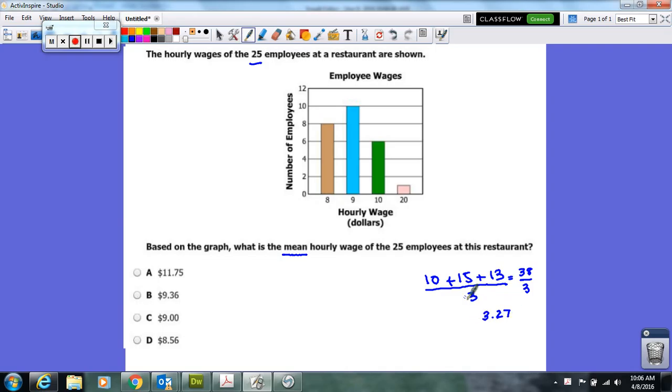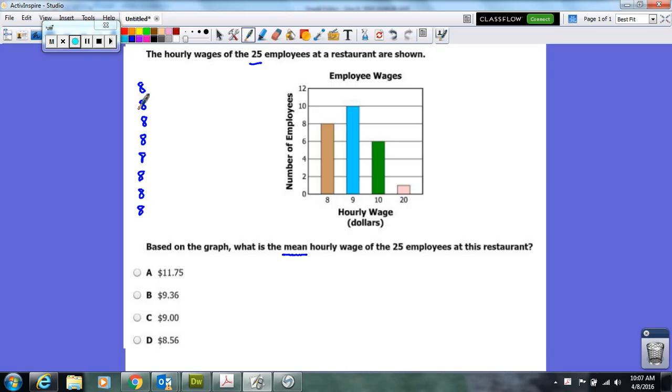All right. So the same idea is going to apply for this particular problem, but we have a lot more numbers to average because there are 25 employees altogether. So let's take a look at the data provided. It looks like we had 8 employees earning $8 an hour. So employee 1 getting $8 an hour, employee 2, 3, 4, 5, 6, 7, 8.